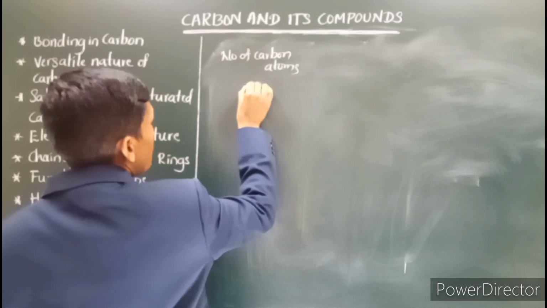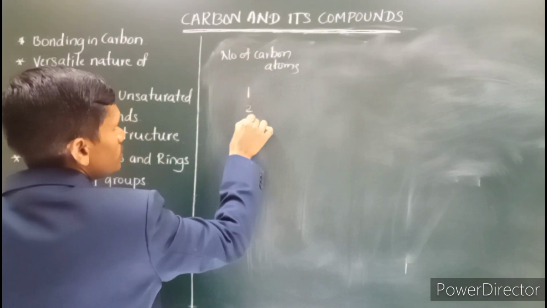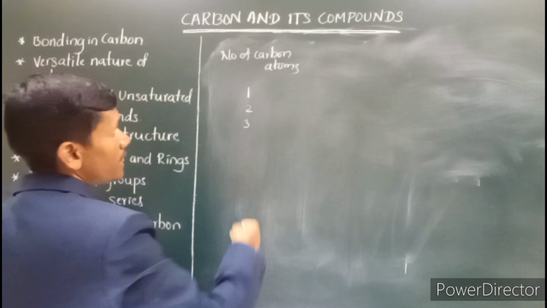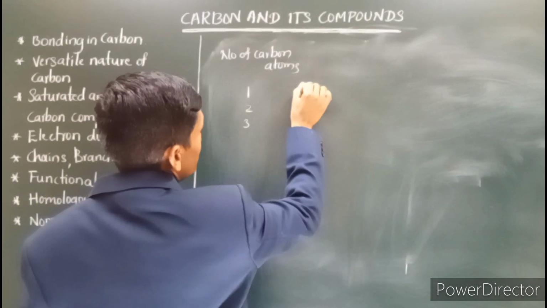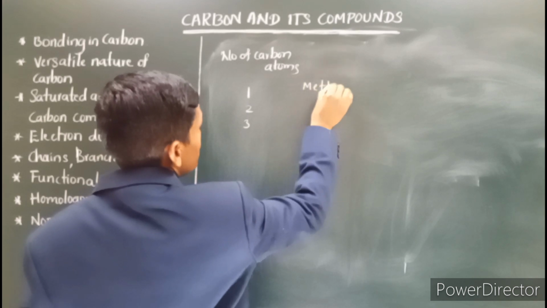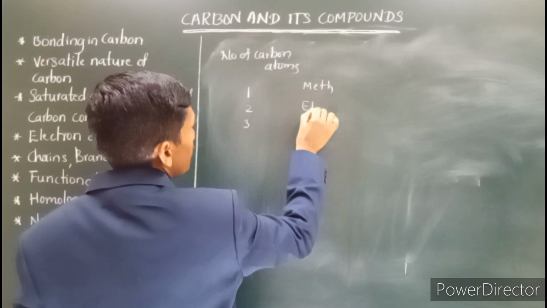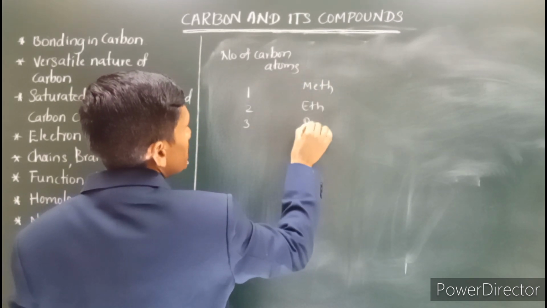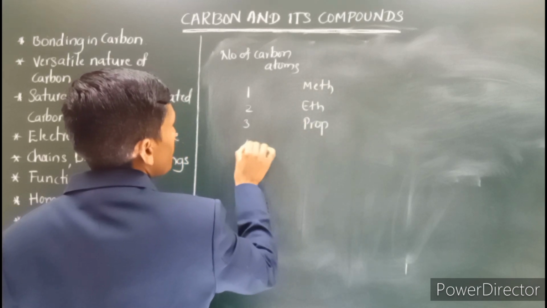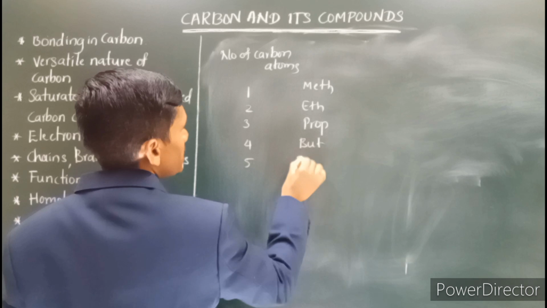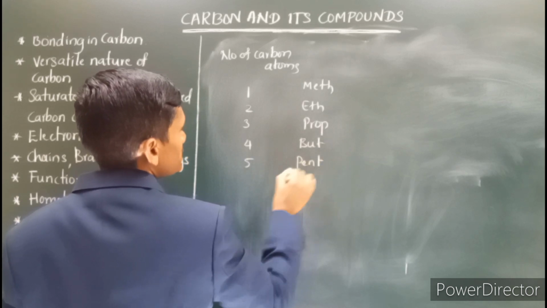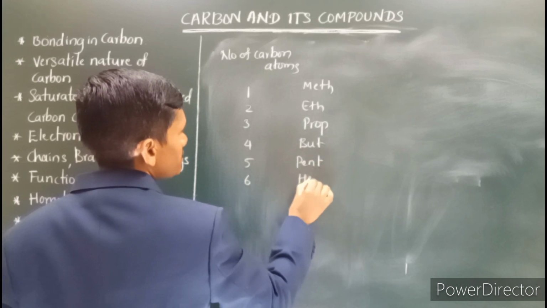If there are a number of carbon atoms, 1, 2, 3, we need to know what names are written along with them. First, if it is 1, it is called meth. If it is 2, that is called eth. 3 is pro, 4 is but, 5 is pent, 6 is hex.